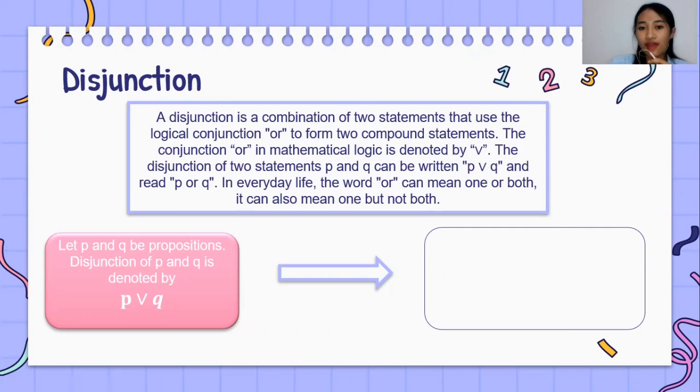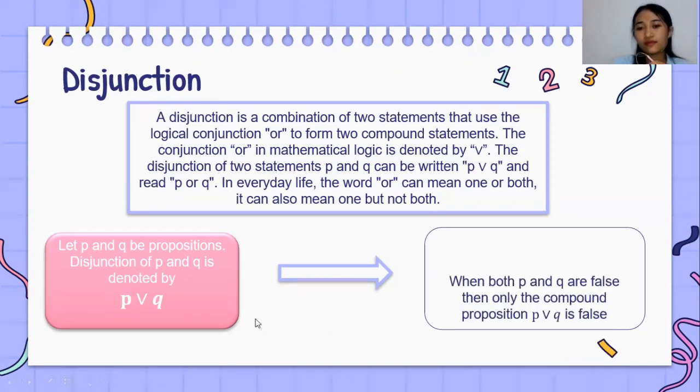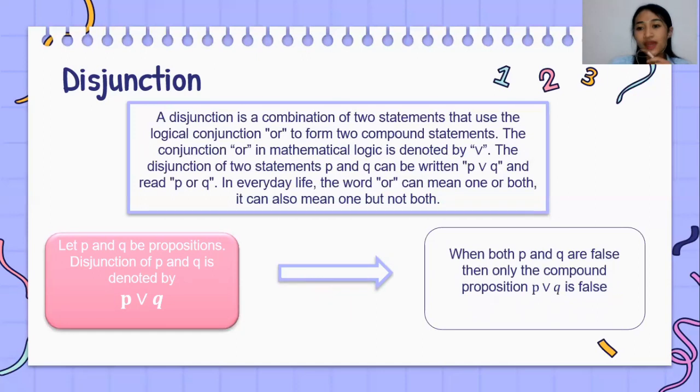In everyday life, the word "or" can mean one or both. It can also mean one but not both. Let P and Q be propositions. The disjunction of P and Q is denoted by P or Q. When both P and Q are false, then only the compound proposition P or Q is false.